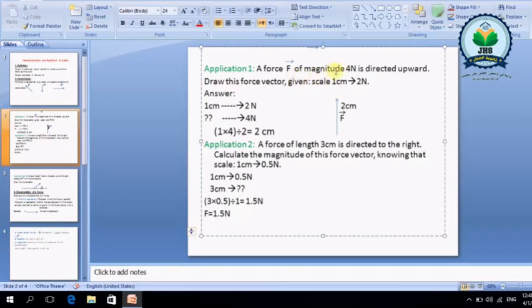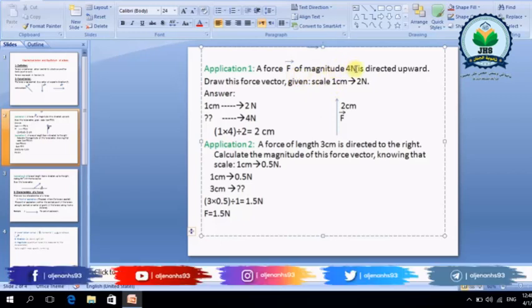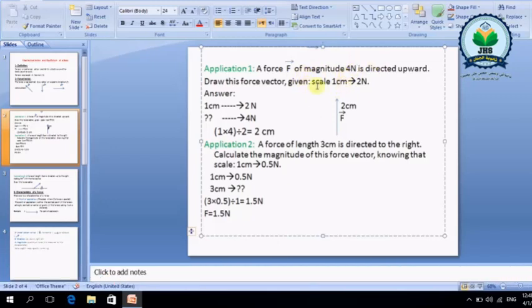I don't have its length. I don't have how much centimeter it is. Okay, but I have its magnitude 4 Newton. We put the scale as you know, and we put 4 Newton. Under which number can I put 4 Newton? Under 1 centimeter or under 2 Newton?